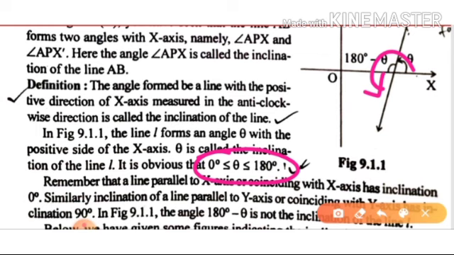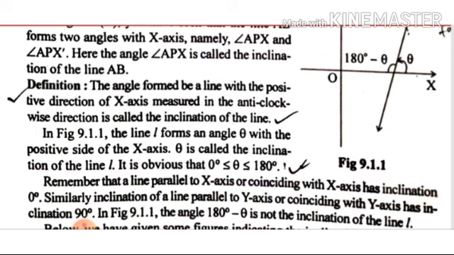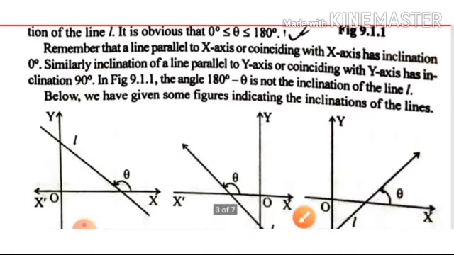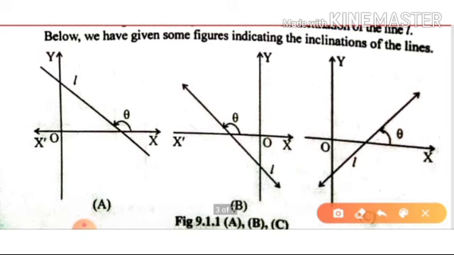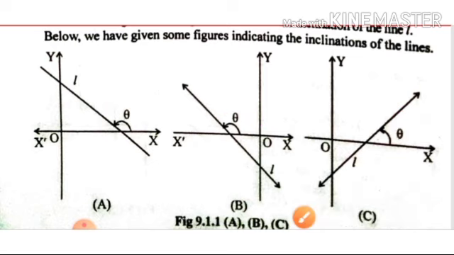But till here we can take the value to be between 0 degrees and 180 degrees, both 0 and 180 degrees included. See this one, these are all in the positive direction of x-axis, so these are giving us theta as the angle of inclination.